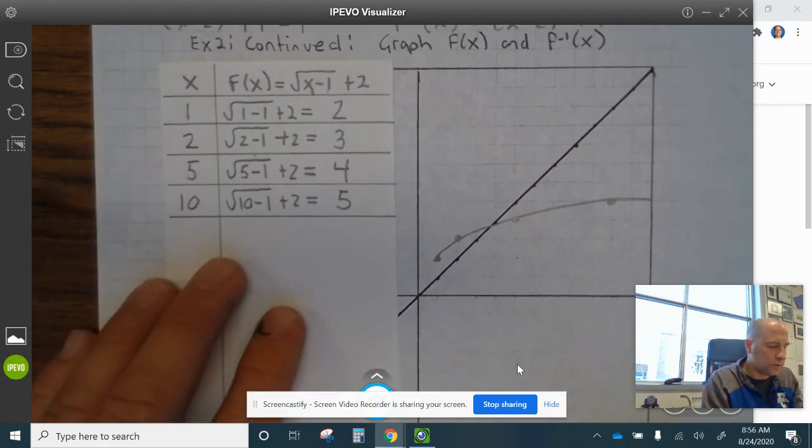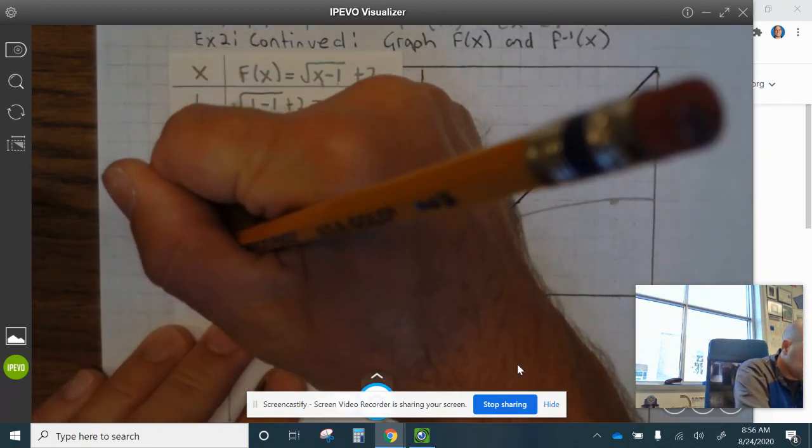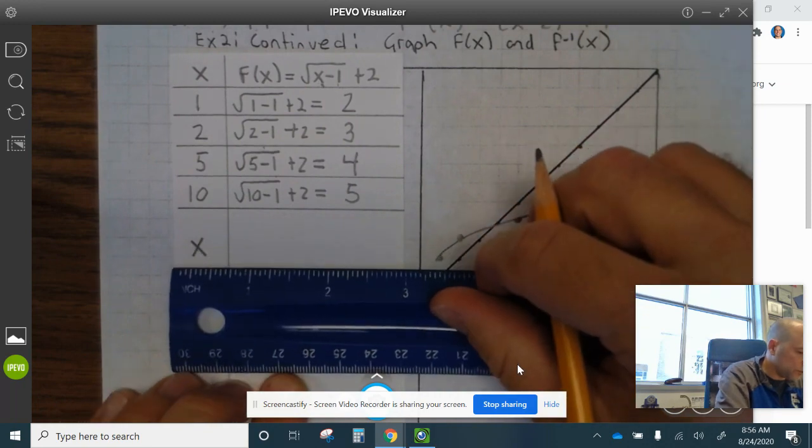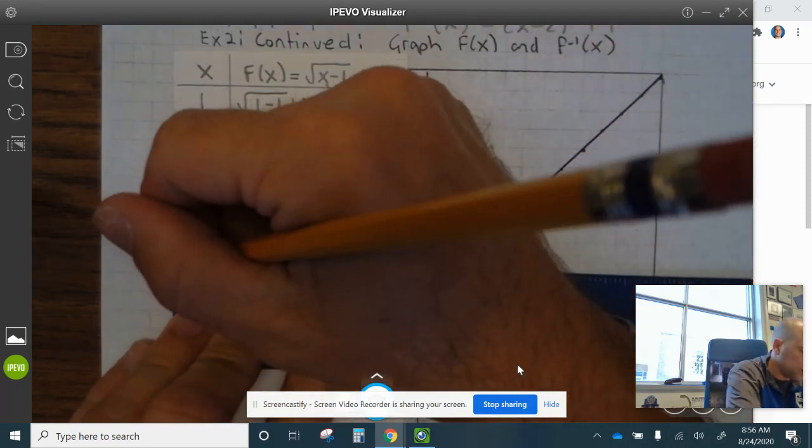All right, now, real simple for the inverse. All we have to do is switch the x and y values.